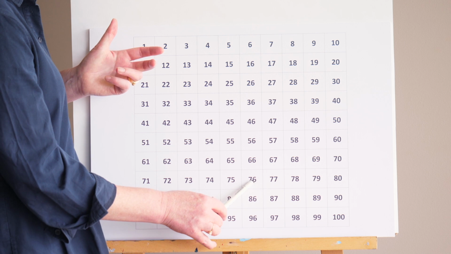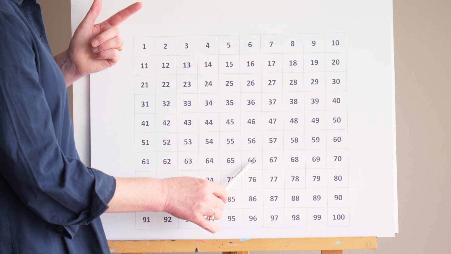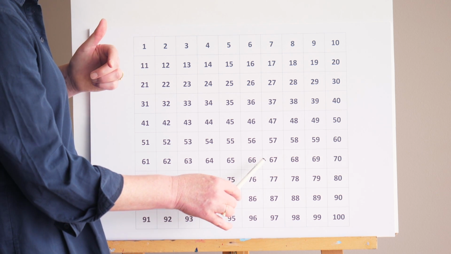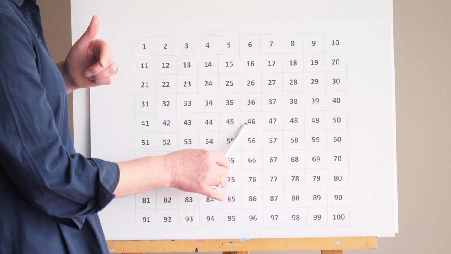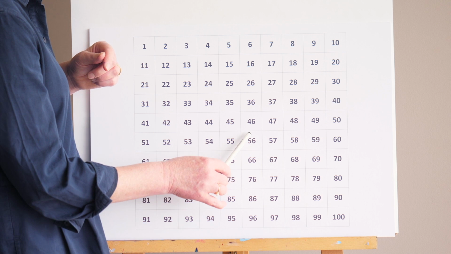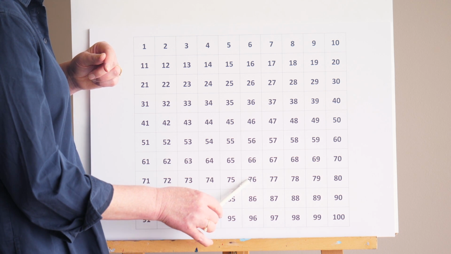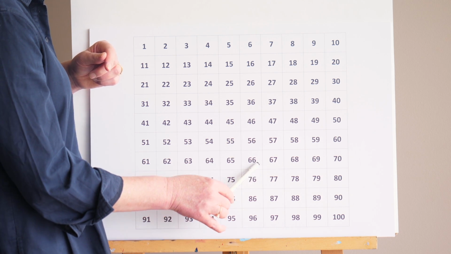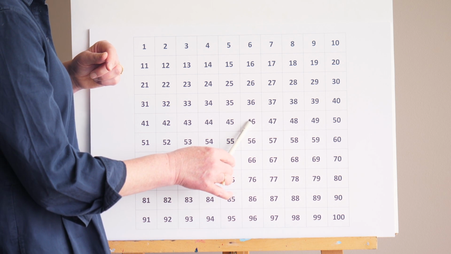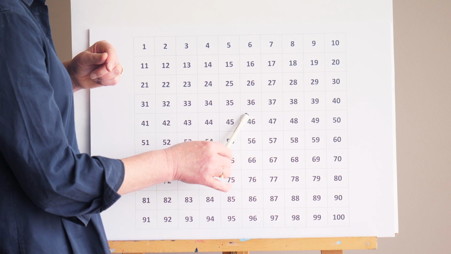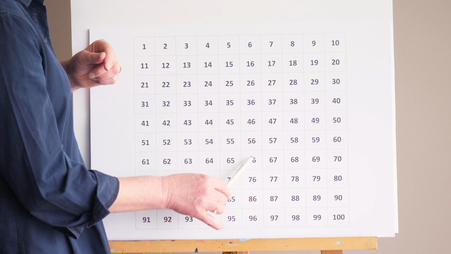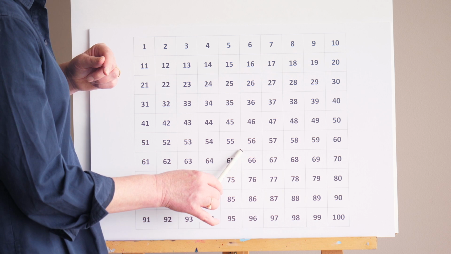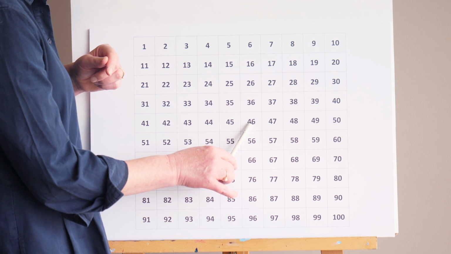So we'll go 76, 66, 56, and 46. Beautiful. So 76, take away 3 lots of 10 or 30 is 46. So we can see we're looking at these numbers here and moving backwards by tens.